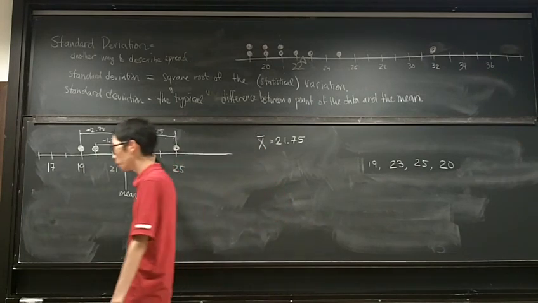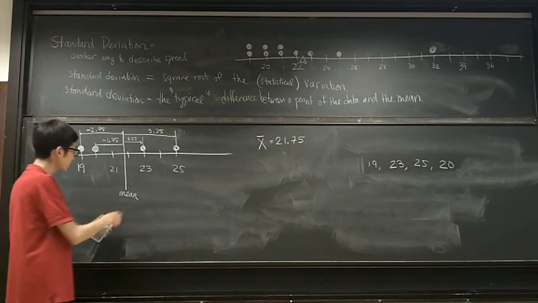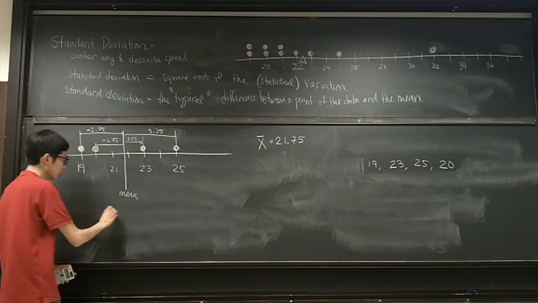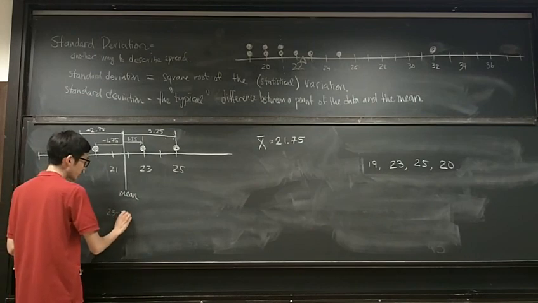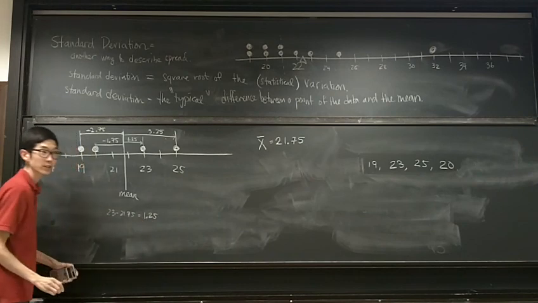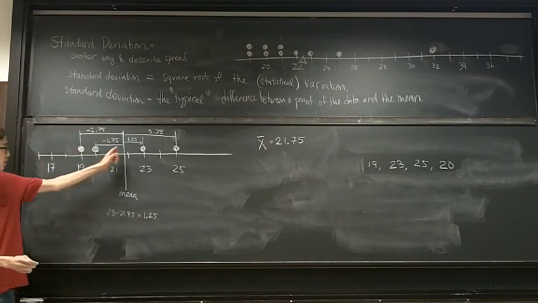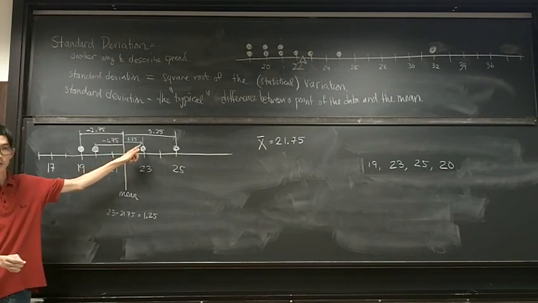This point is located at 23, so I did 23 minus 21.75 and I got 1.25. So this point is 1.25 from there.